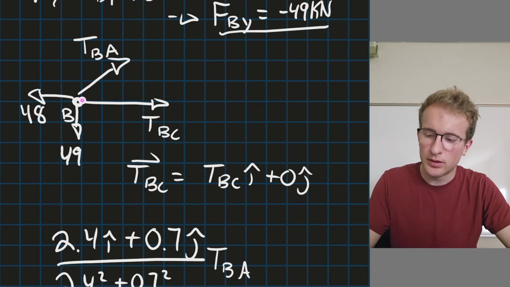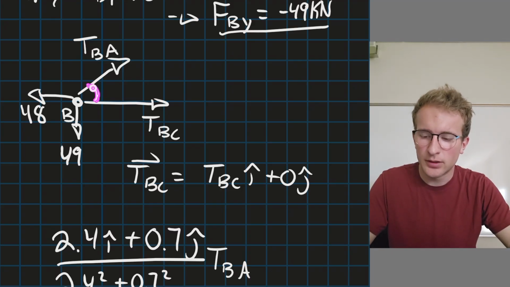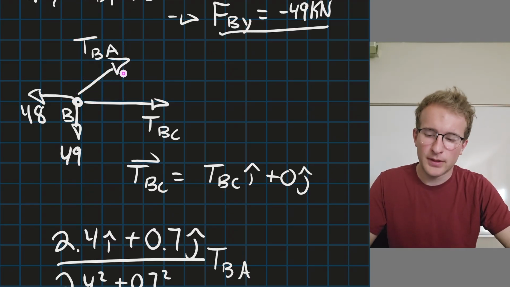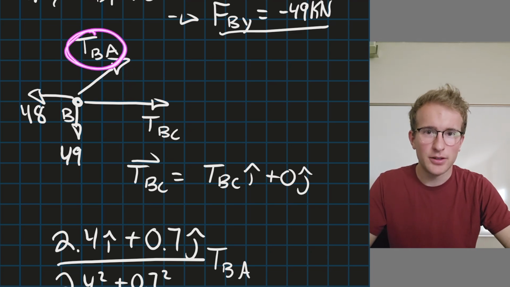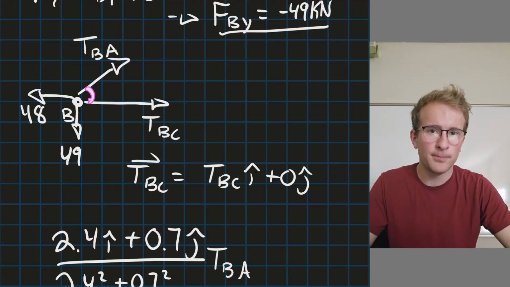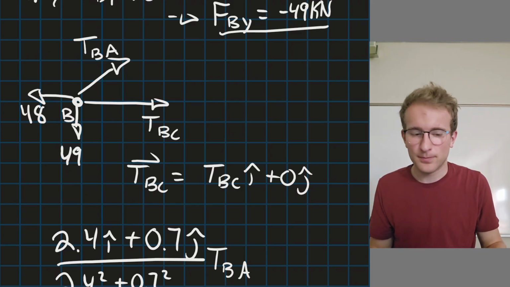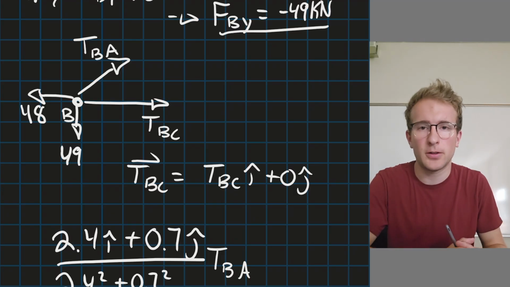So now, another way you could do this is by finding this angle and saying, hey, the x component of this force vector is its magnitude, or its hypotenuse right here, times cosine of that angle. And then its vertical component here is just its magnitude, so this hypotenuse length, times the sine of that angle. Okay. Both ways are really the exact same. Some ways might be easier for you to think about.